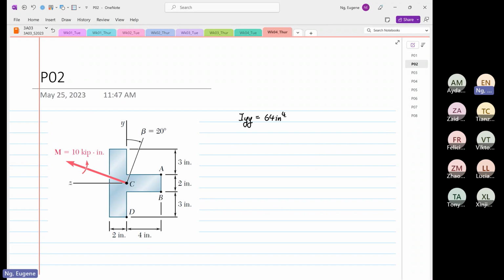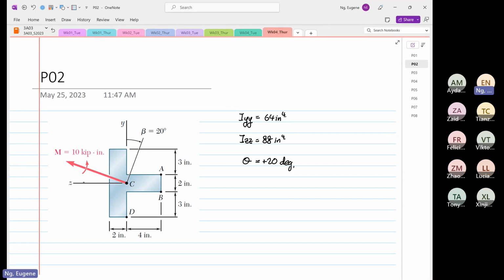And then we have IZZ is equal to 88 inches to the power 4. And we know that our theta is equal to positive 20 degrees.